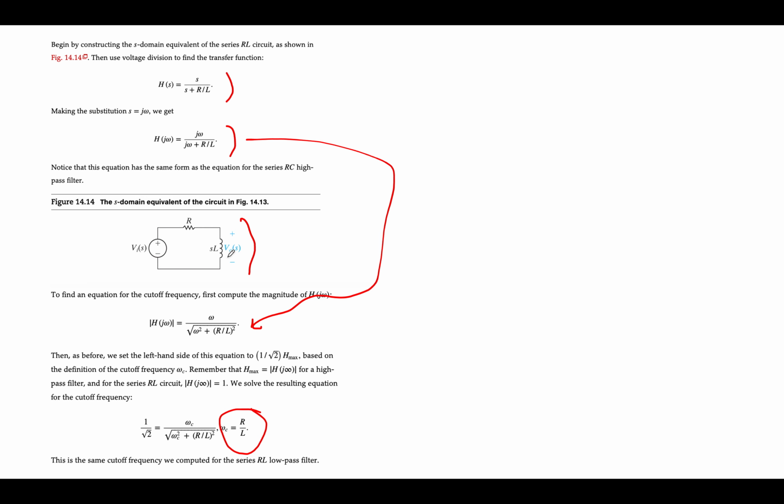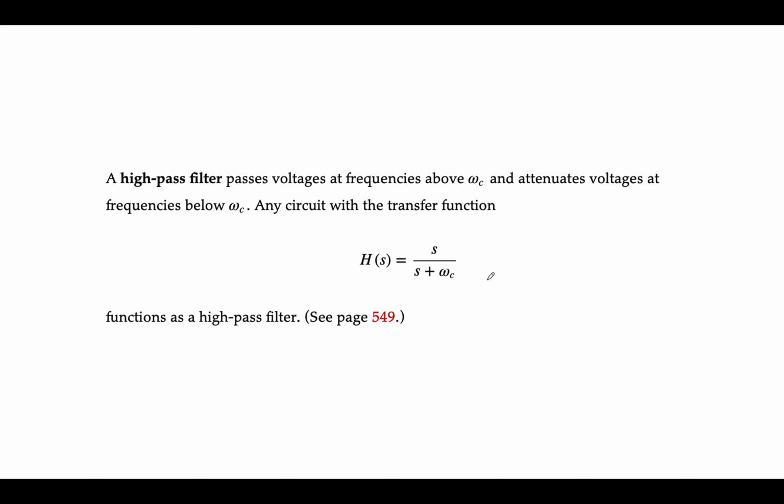So these are actually not difficult forms to commit to memory. We can make a generalization that if we have a transfer function that looks like this, we basically have a circuit that is acting as a high-pass filter, where omega c is the cutoff. This is an important point, because we're going to do this as well when we talk about Bode plots: you can read the transfer function in the Laplace domain by inspection and note what kind of filter you have.